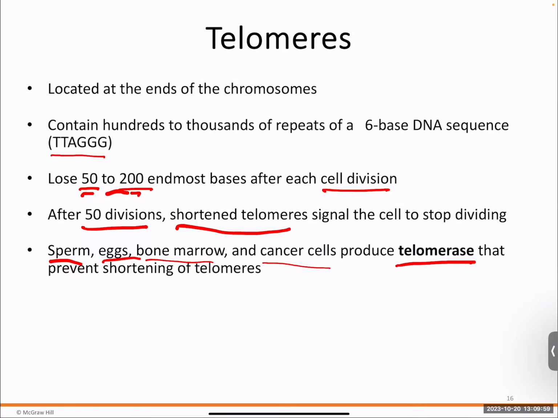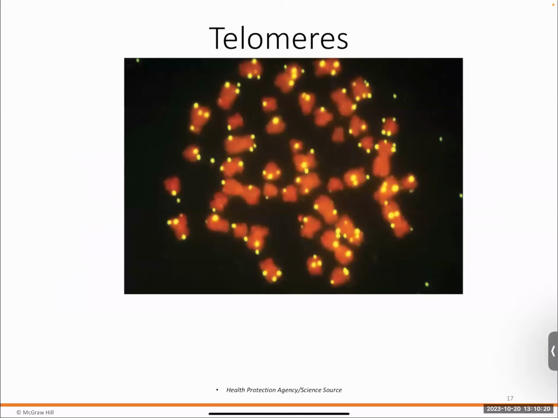Horrible for the cancer cells because that means cells that have not successfully completed their checkpoints continue to divide because of their elongated telomeres, their undamaged telomeres, and as a result, we can have the growth of cancerous tumors. Here is a depiction of what the telomeres look like. If you have them stained, those are the little yellow spots.